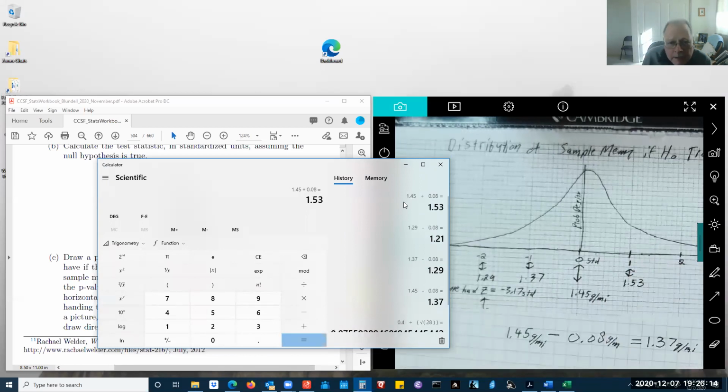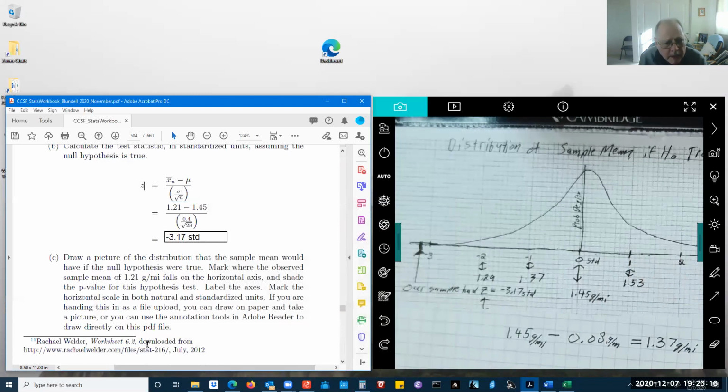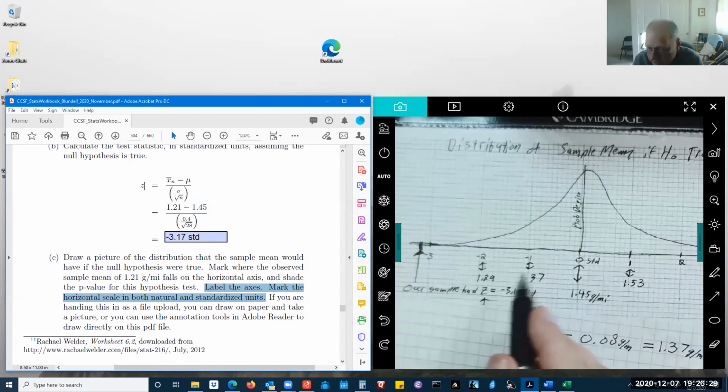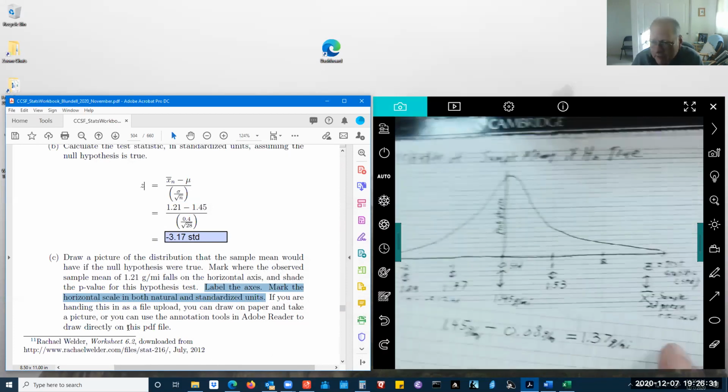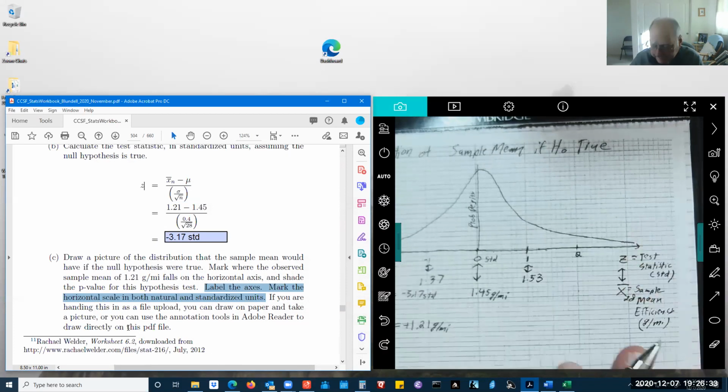Okay. So, on the exam and in this question over here where it says, label the axes, mark the horizontal scale in both natural and standardized units. Here's the standardized, here's the natural. You put the label over here. And so that's how you do those.